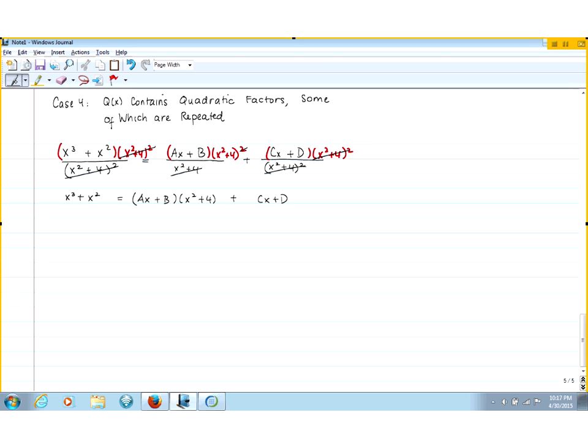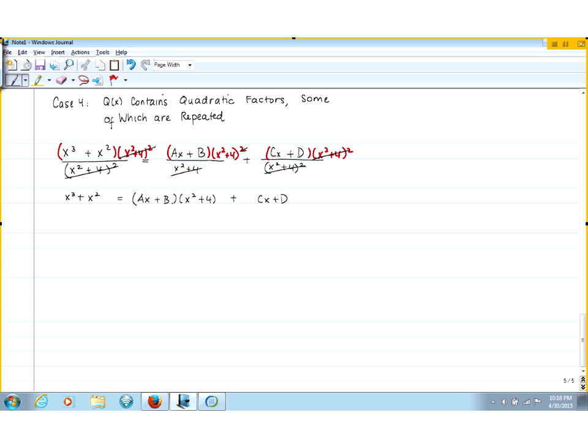Now, we could choose a few numbers as usual, but we could also use method 2. We have four variables, and that is A, B, C, D. Let's see, what x should we choose?